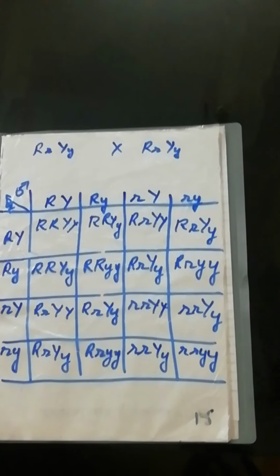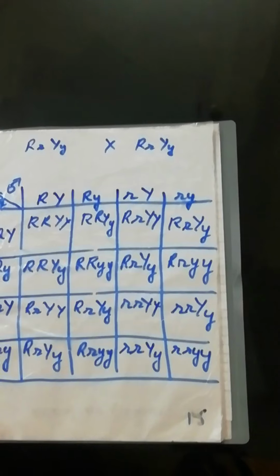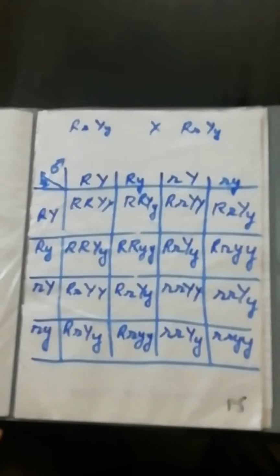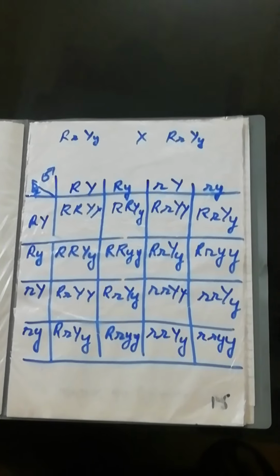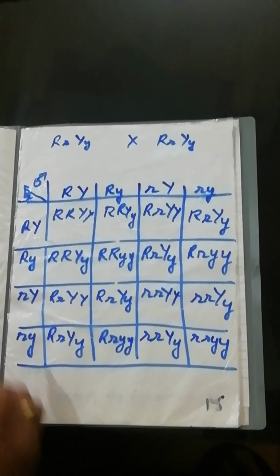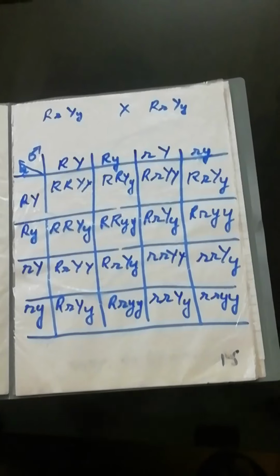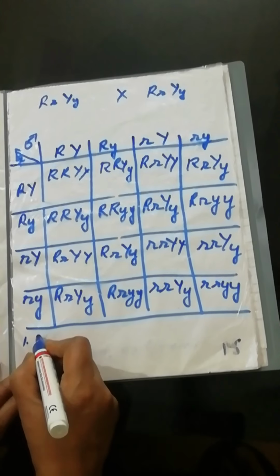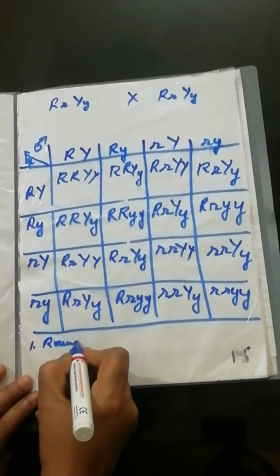Okay. So we started with the two combinations, that is round yellow and wrinkled green. But you can find we are getting two new combinations, round green and wrinkled yellow. If it is in this ratio, round yellow, if you calculate, you will find it comes out to be 9.